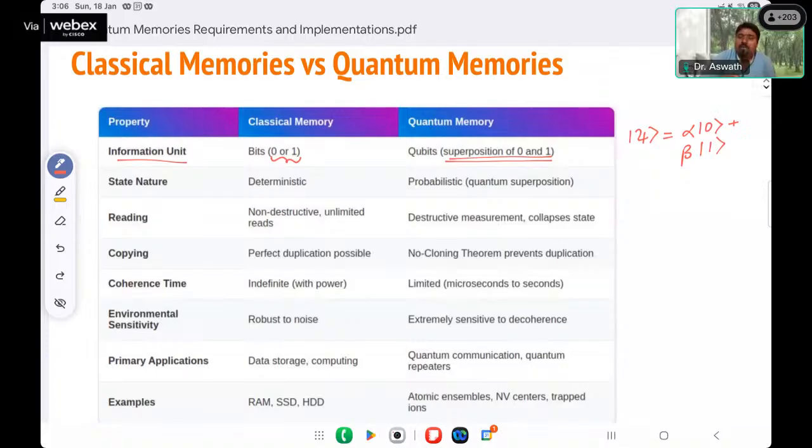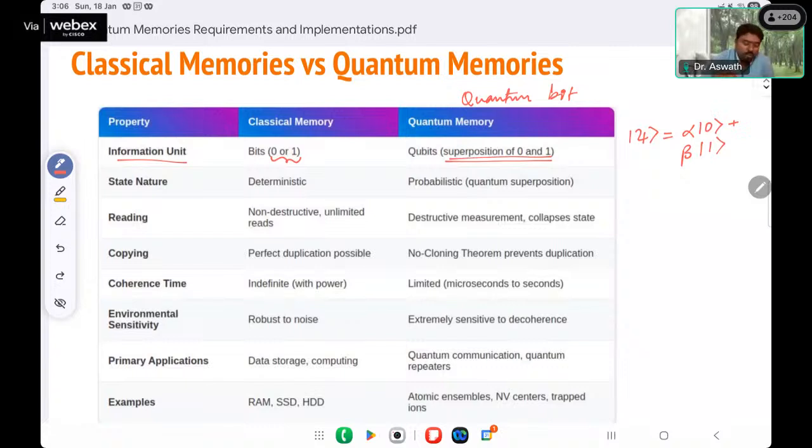In the form of alpha and beta, I am going to store the information of 2 bits, 0 and 1 together, on a single quantum memory unit. So that is a qubit for us, a short form for quantum bit.